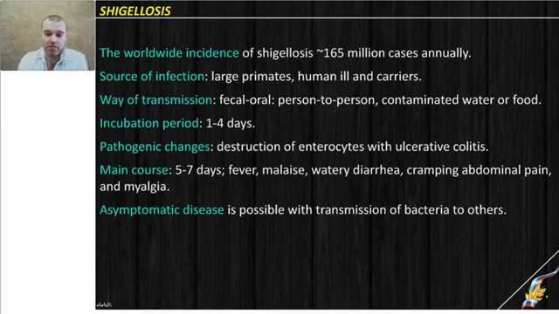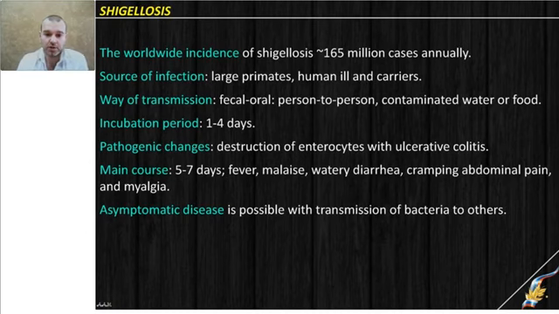Shigellosis is the common name for disease caused by Shigella, including bacillary dysentery. It is an extremely important disease worldwide, and more than 165 million cases of disease are registered annually. The disease is a real problem for multiple governments and for some world organizations.